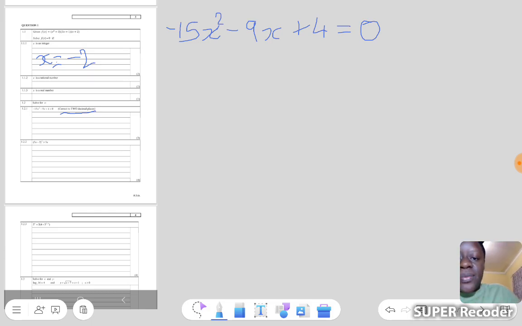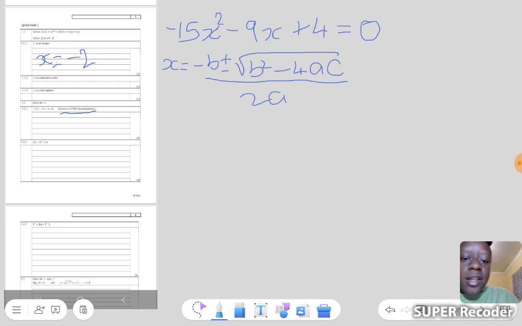We have to use this formula because it will be difficult for us to find the factors at this point. Using this formula, minus b plus or minus the square root of b squared minus 4ac, divided by 2a. Remember that a will be equals to negative 15, b will be equals to negative 9, and c will be equals to 4.